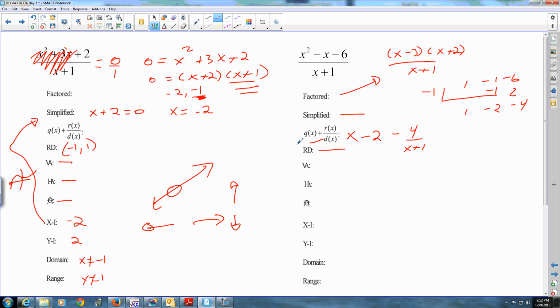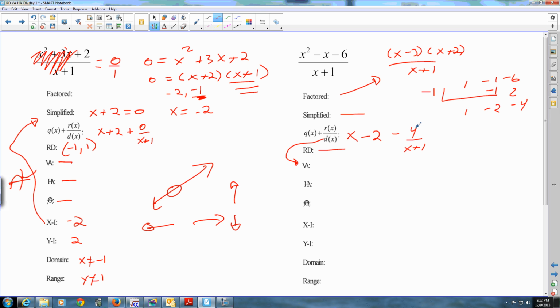Your d of x is always going to be set equal to 0 unless your remainder is 0, or I guess I erased it accidentally over here. Yeah, so that was x plus 2 plus 0 over x plus 1. Your remainder was 0, so you didn't have any asymptotes of any kind.